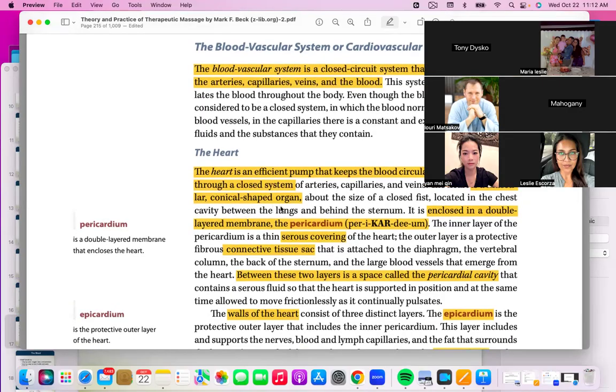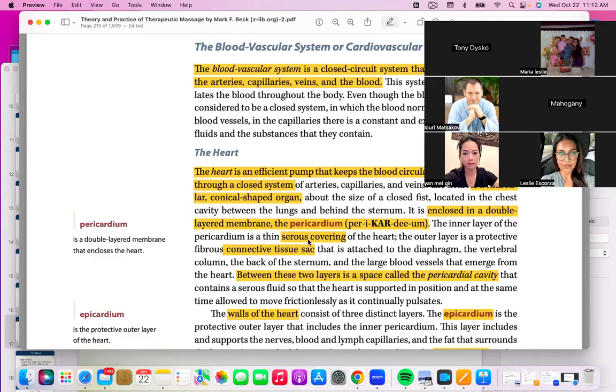It's located in the cavity between the lungs, and behind the sternum itself. A lot of times when we do CPR, that sternum breaks. But it's right underneath that, and it's the most protection for the heart. Anyways, it is enclosed in a double layer membrane, the pericardium. So the heart has a membrane, as all organs do. The inner layer, the deeper one, is the thin one.